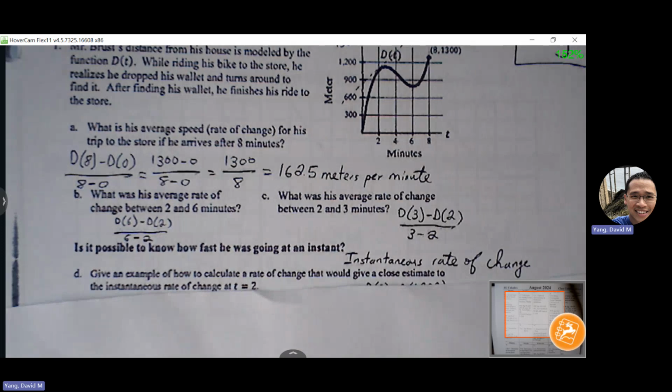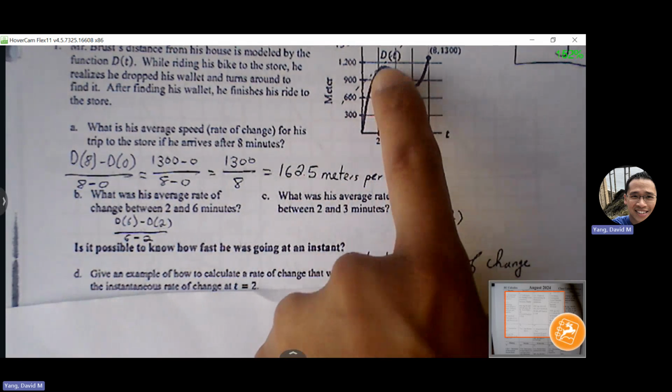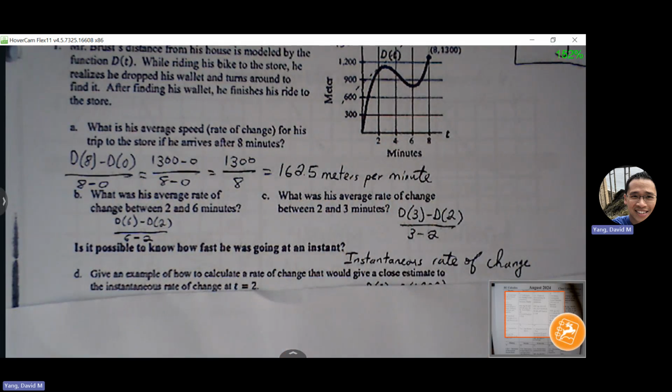And if we want to do slope, we need two sets of information, right? We need two locations, two ordered pairs. So we call that instantaneous rate of change. And this is where calculus is going to help us, allow us to find the exact rate of change at a specific moment in time, where otherwise with slope, we would need two ordered pairs.